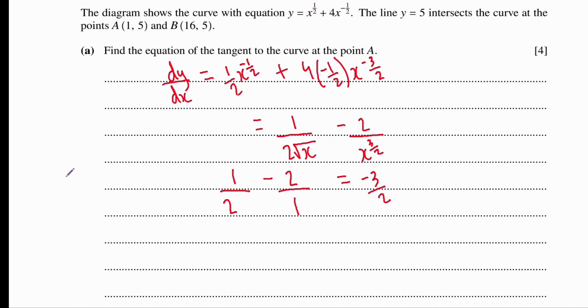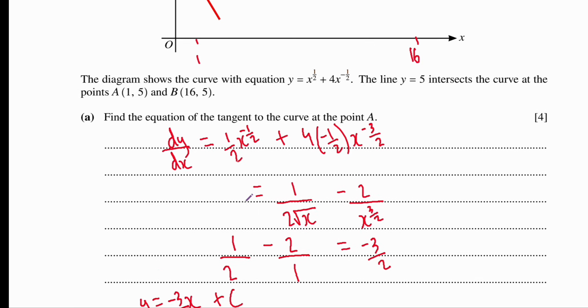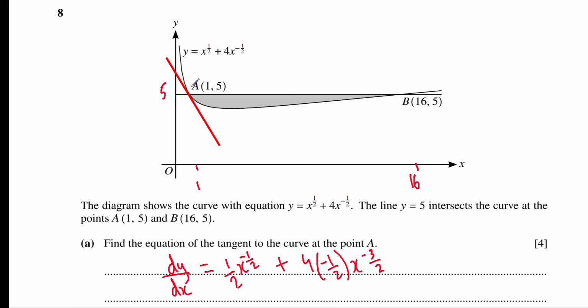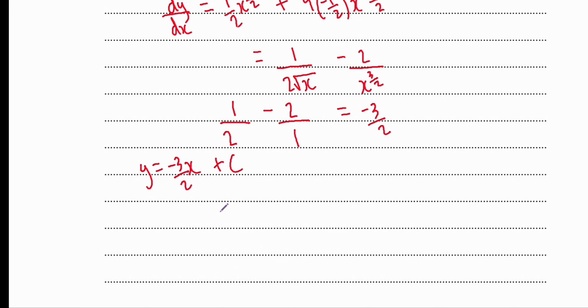So we have the equation y is equal to negative 3 over 2 times x plus c, because y is equal to mx plus c, and we already know m is negative 3 over 2. So how can we get c? Well, it's pretty simple, right? We know one of the points it goes through. We don't know this point, we don't know anything else, but we know it goes through the point (1, 5). So when y is equal to 5, x is equal to 1.